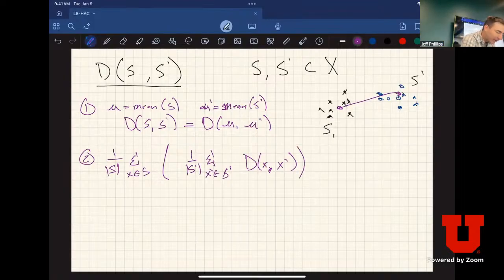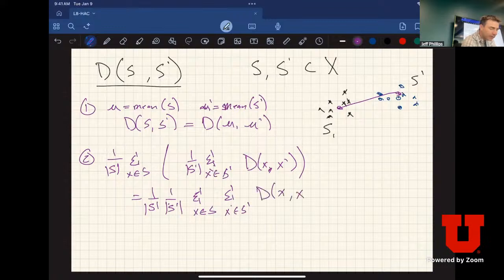And in fact, any way I write this, I can pull out this factor, and then I sum over all the points X in S, X prime in S prime. Just measure it like this. So this would be the average distance, but weighted by the number of points in each of the clusters.